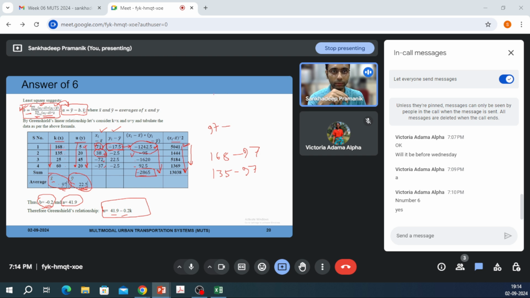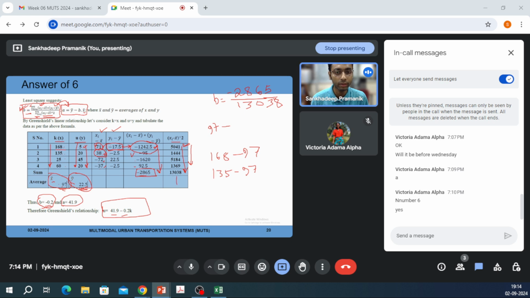Now if you calculate the b, the numerator is minus 2865 divided by 13038.